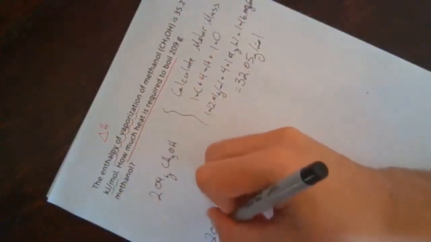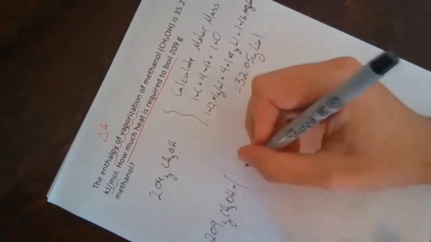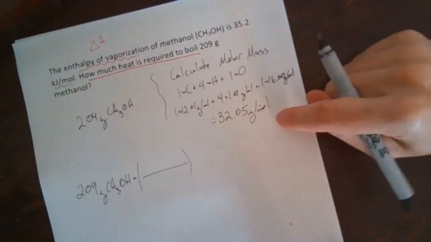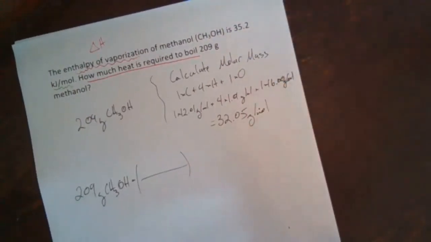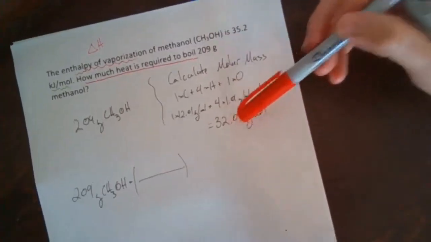So if I want to use that now, I have my 209 grams of methanol. My molar mass is 32.05 grams per mole. Okay, so I can see these units are a ratio. And so what this tells me is this is the mass of 1 mole.